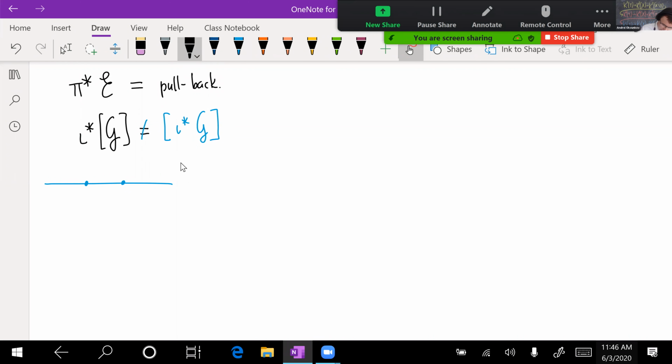What I have to consider is all the higher Tors. So this is the summation of (-1)^i Tor_i. This naive pullback is I take my sheaf and tensor it with the structure sheaf of my graph, which is not an exact operation, but what I have to complement it with is all the higher Tors.